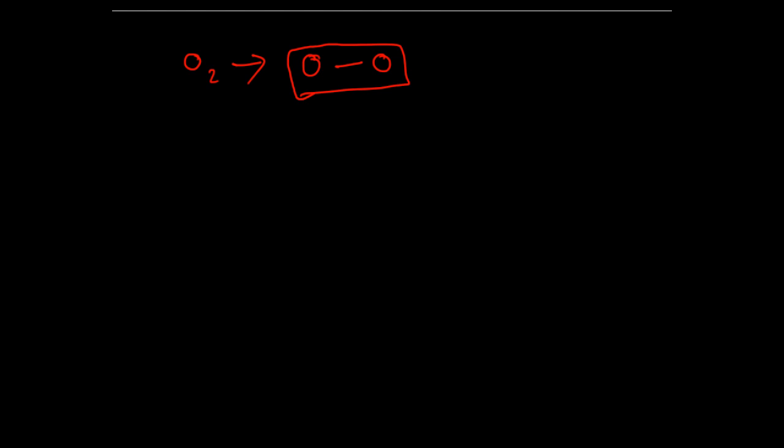So for the dot and cross diagram, I'll write oxygen O, and we know that oxygen has a double covalent bonding because the electron configuration of oxygen is 2, 6, and it requires 2 electrons to change to octet state, that is to change to 2, 8. So since it requires 2 electrons, oxygen forms a double covalent bond, that is sharing of 2 electrons.